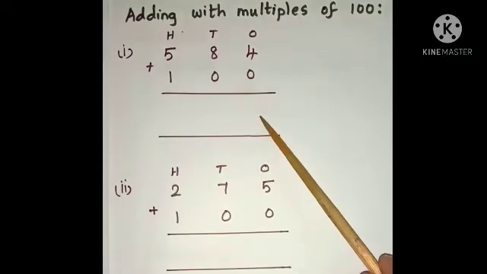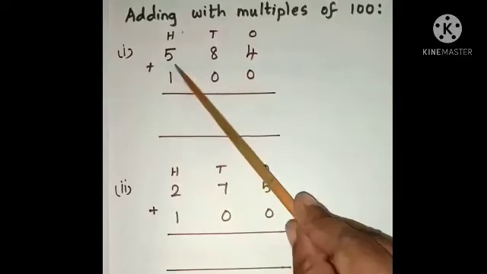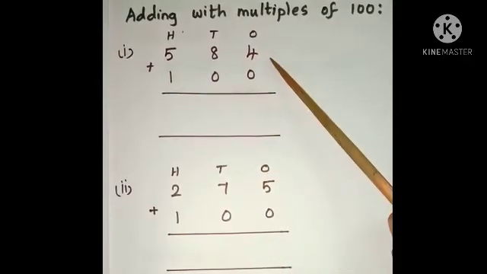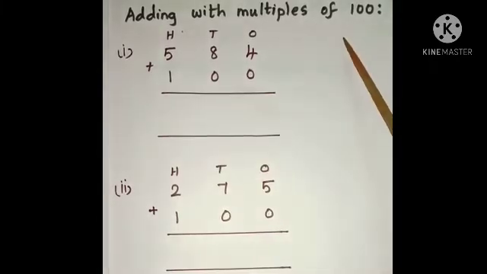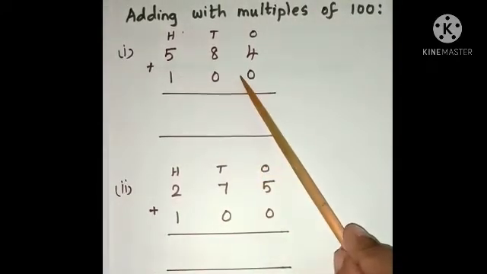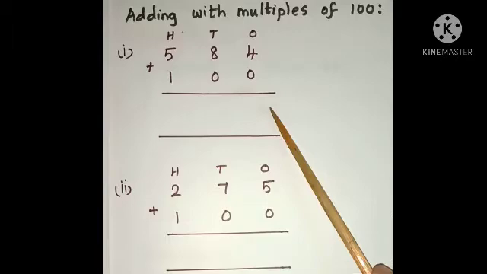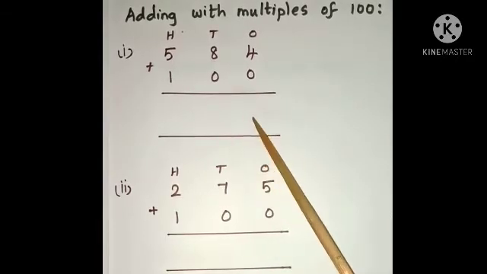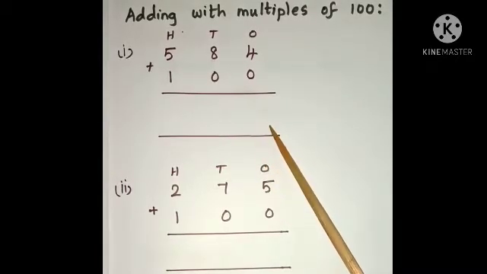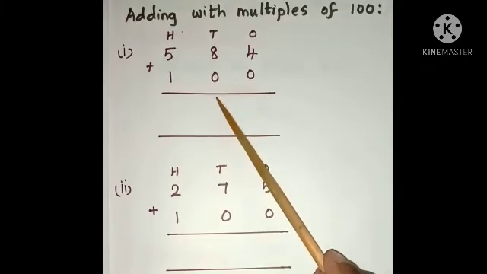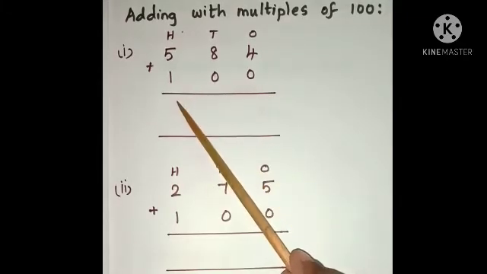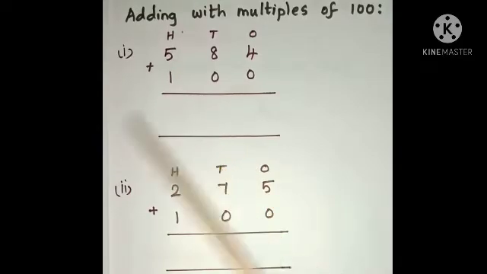Children, now we are adding 584 with multiples of 10, multiples of 100. So here 584 plus 100. Here there is no change in ones place as well as tens place. There will be a change in hundreds place.